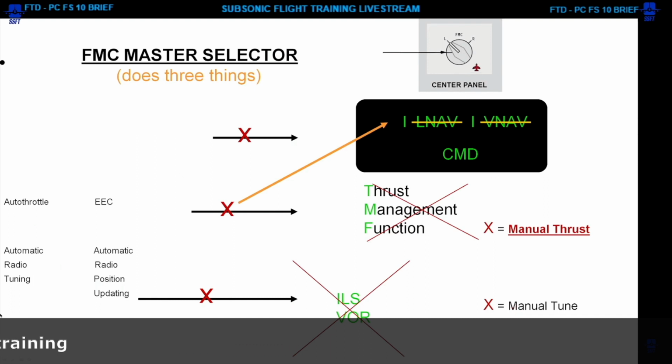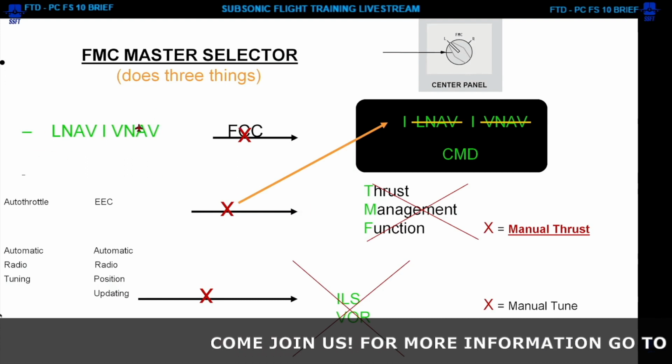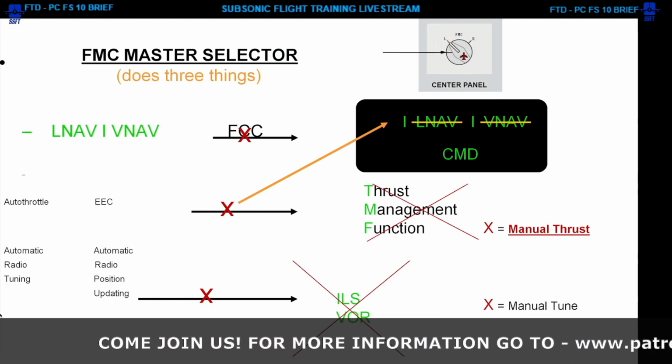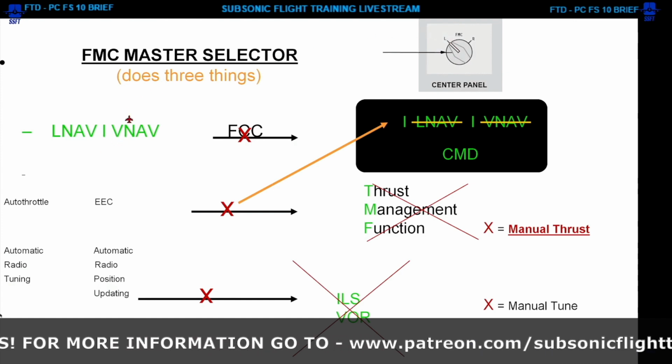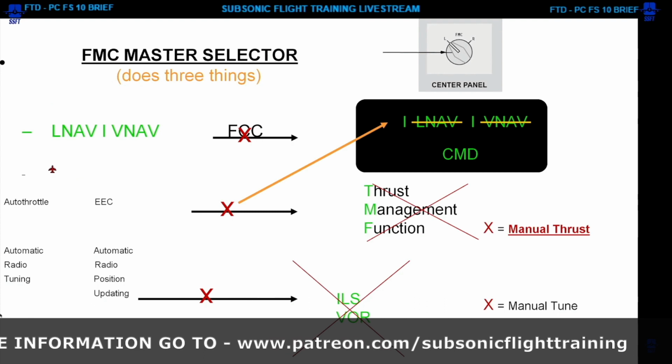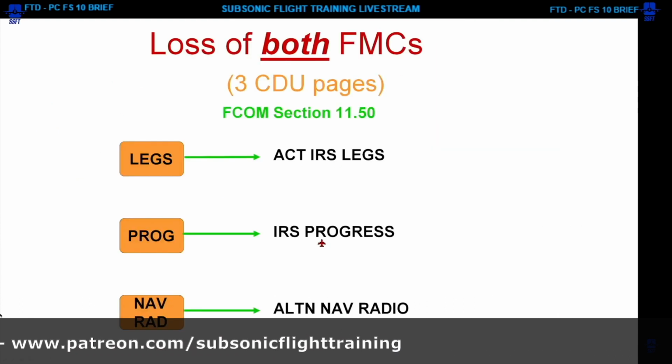So that's all this master switch does. It gives information to the EECs, the FCCs, the nav radios. And again, that left FMC is giving information so the airplane can, when it's flying in LNAV and VNAV, that information is coming from that left FMC.